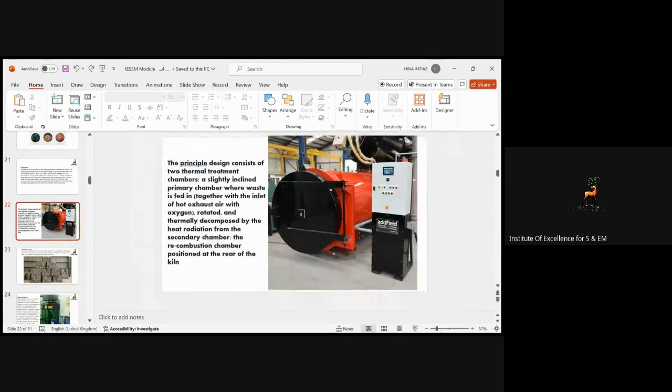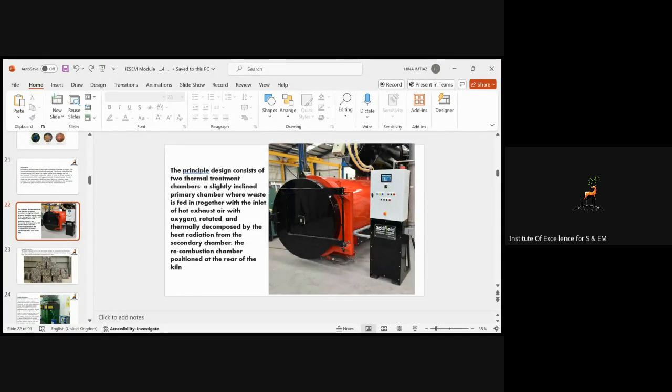This is an incinerator. You can see the real image of the incinerator, and the basic principle is thermal treatment. It has a separate thermal treatment chamber known as the primary chamber, where the waste is fed into the inlet, and there is another chamber known as the secondary chamber.